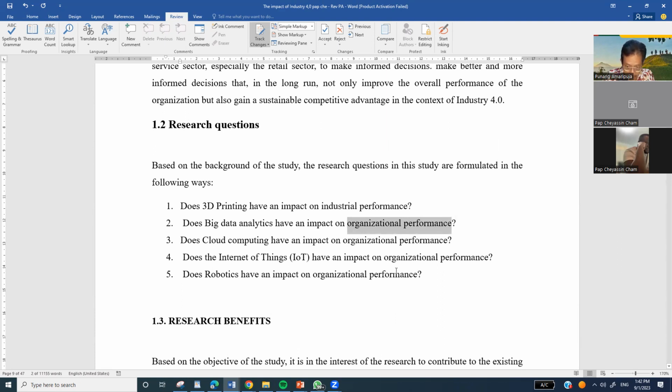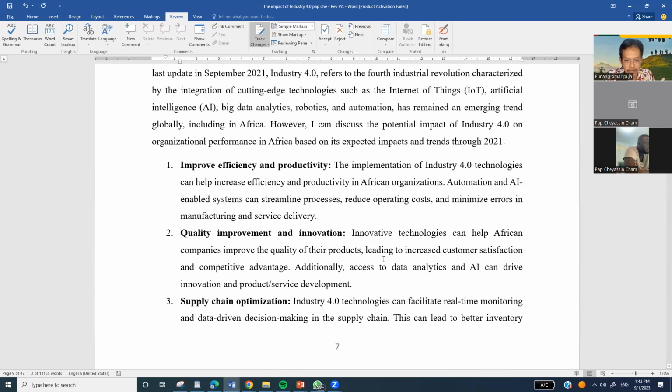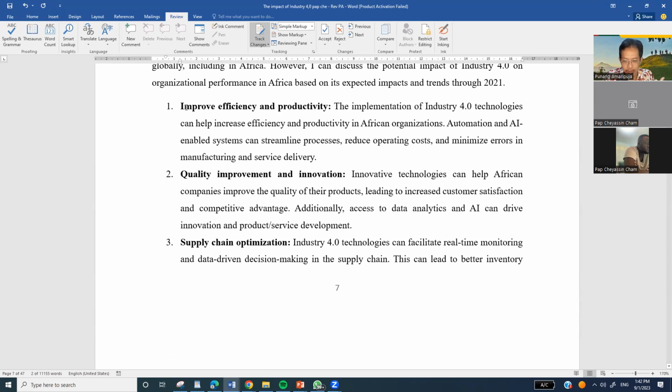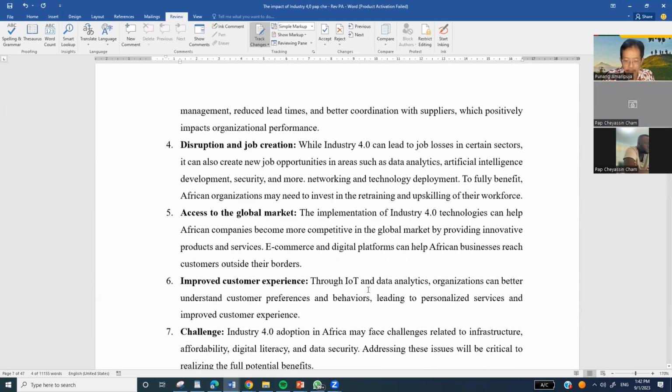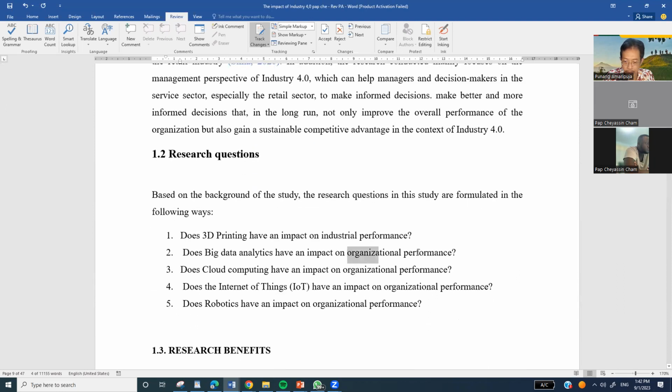Now, maybe you would be measuring performance based on how much the IoT or big data and so on would be improving efficiency, quality, and supply chain optimization. Those might be the indicators for organizational performance.